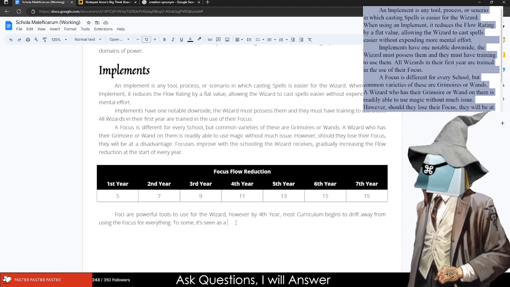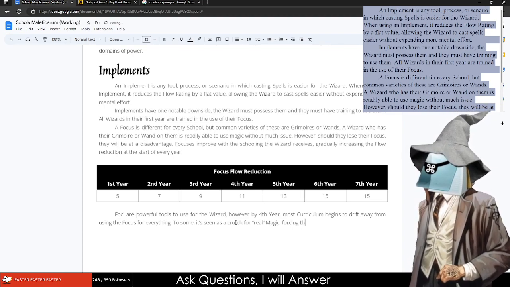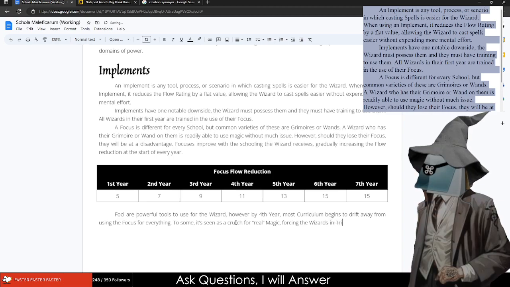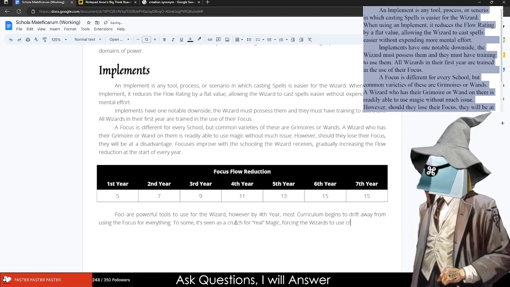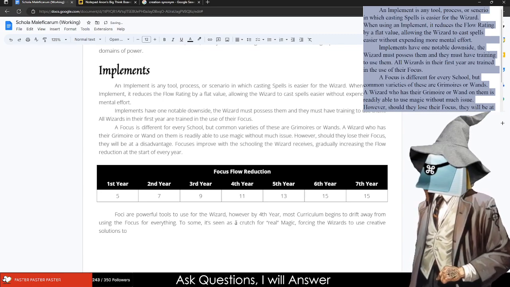To some, it's seen as a crutch for quote real magic, forcing the wizards in training to use creative solutions.